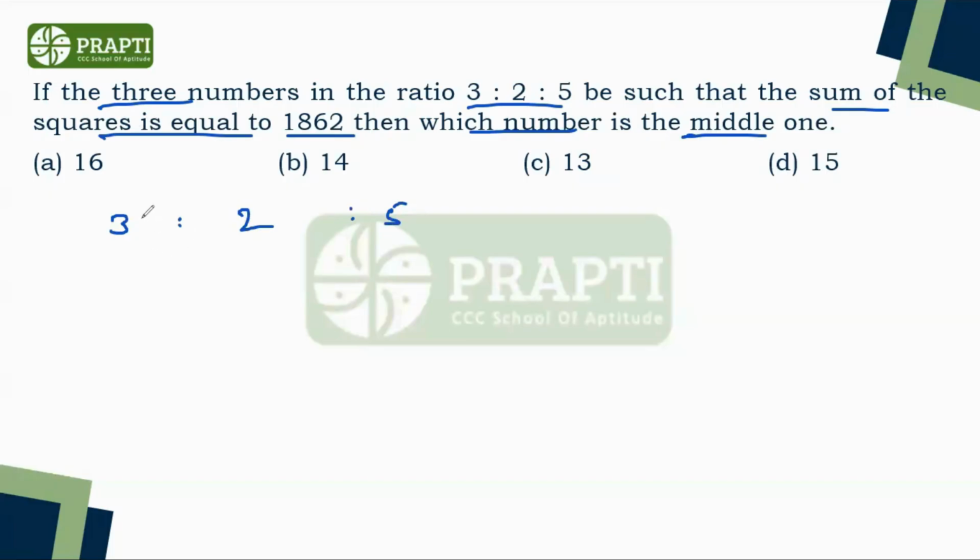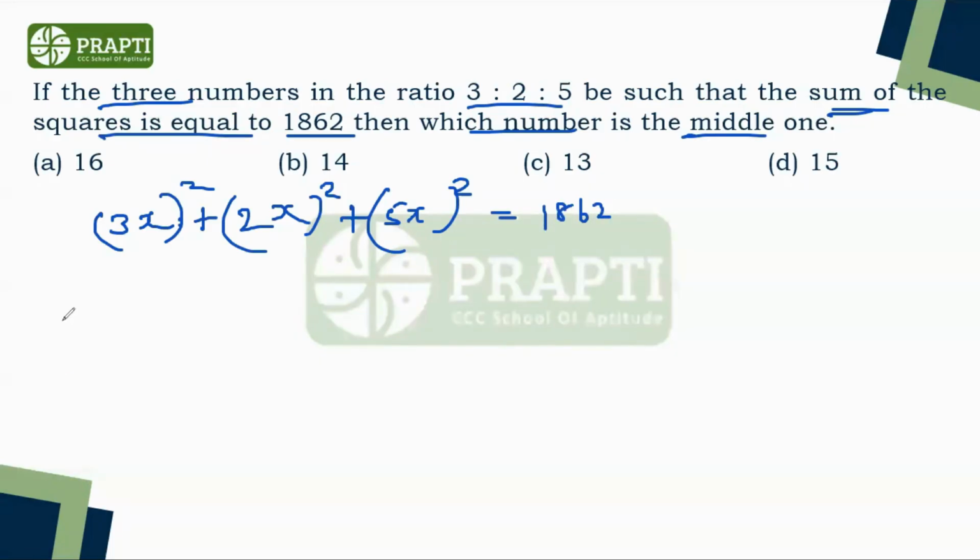So we don't know the exact numbers, so 3x, 2x, and 5x. Just follow the statement. Sum of the squares. So you have to square each: whole square, whole square, whole square. Sum of the squares in a sense, plus, which is equal to 1862.